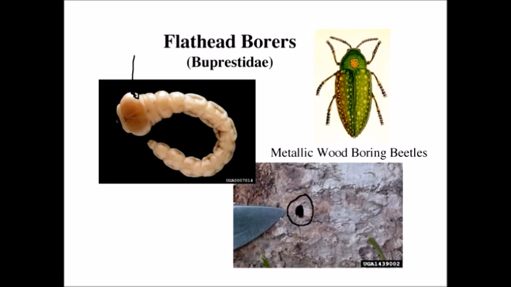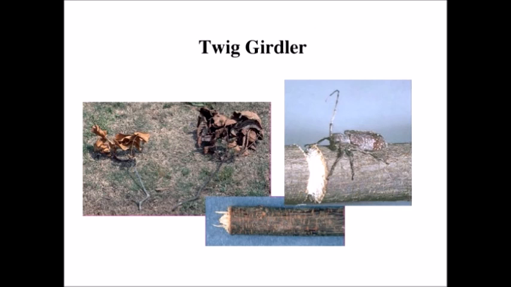The other longhorn beetles, or round-headed borers, have round holes, so this flat-headed borer has a flat-shaped hole. And this is characteristic of this metallic wood-boring beetle that we see right here. So that's the other major beetle that we have that falls into the boring category.